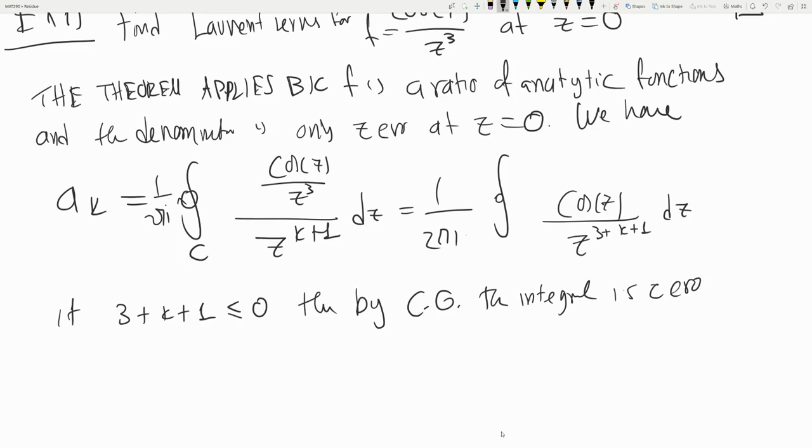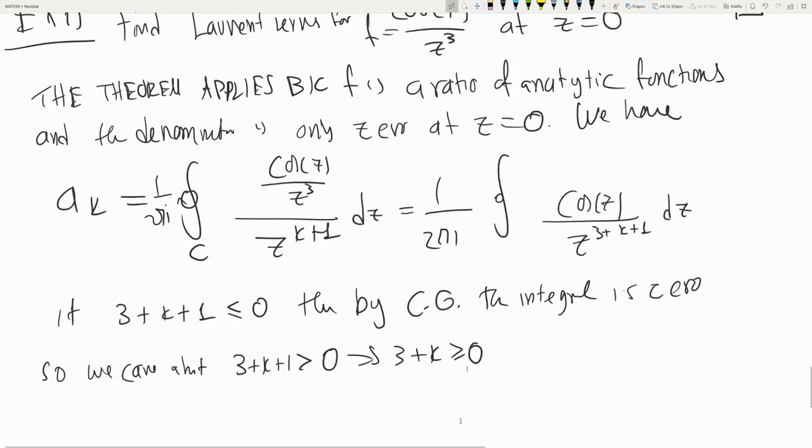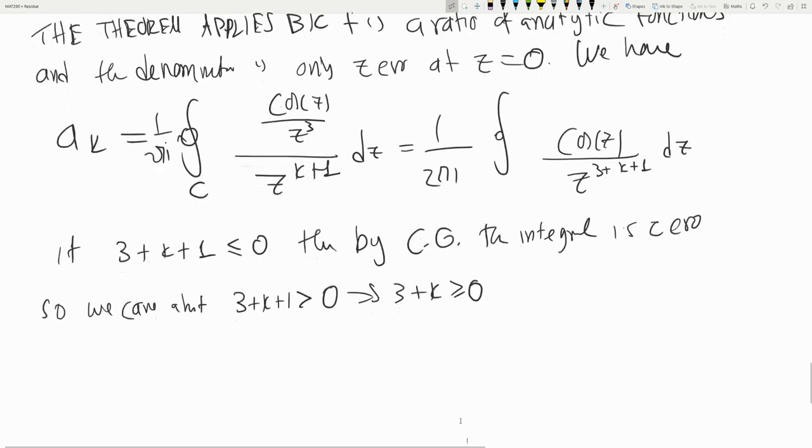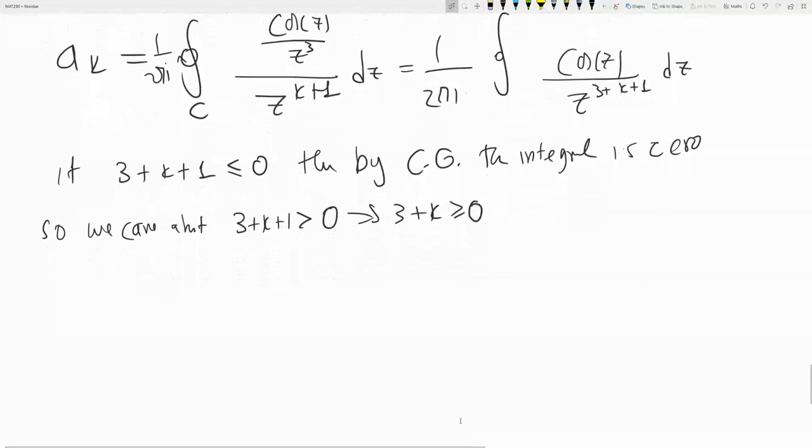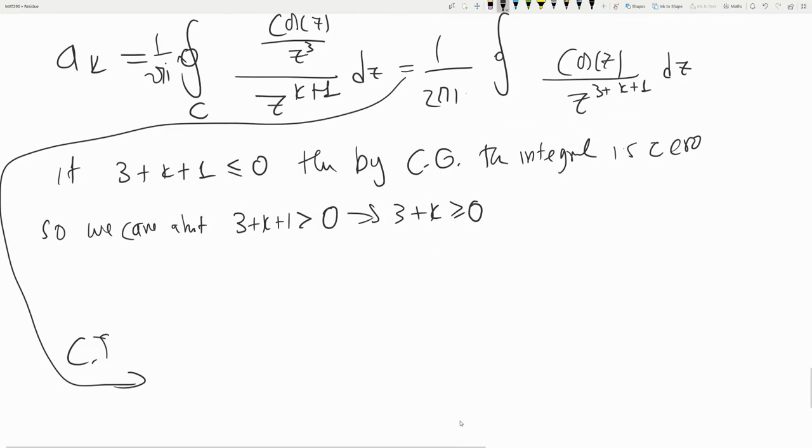So all we care about is 3 plus k plus 1 strictly bigger than 0, or if you like, 3 plus k non-negative.